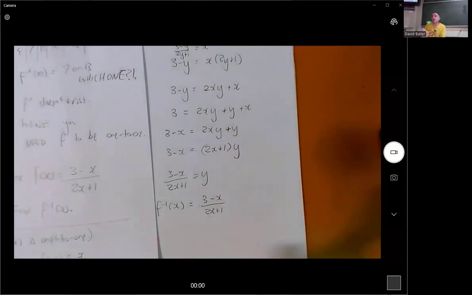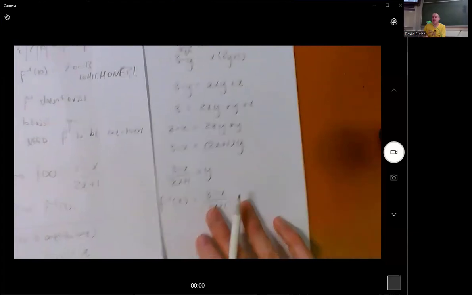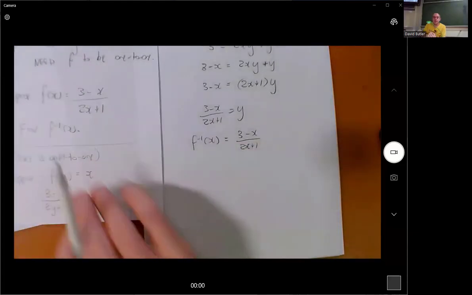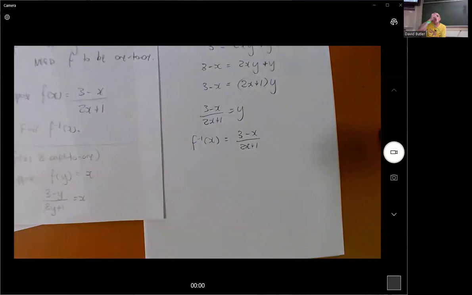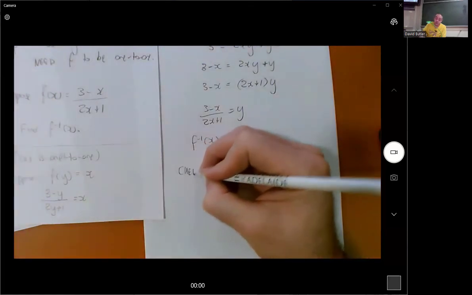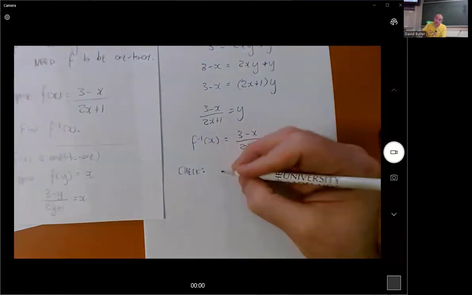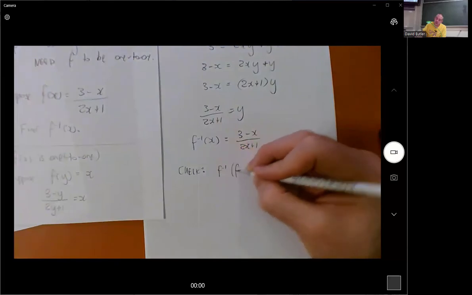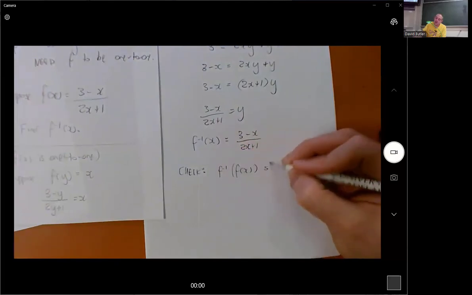I just want to be absolutely certain that I'm right. If I'm right, then when I start with the number x and I do f, I'll get an answer. And then if I do f inverse on that answer, I should get back to the original x. Because that's how inverse functions should work. So just to check, if I do f inverse of f of x, it should be x.